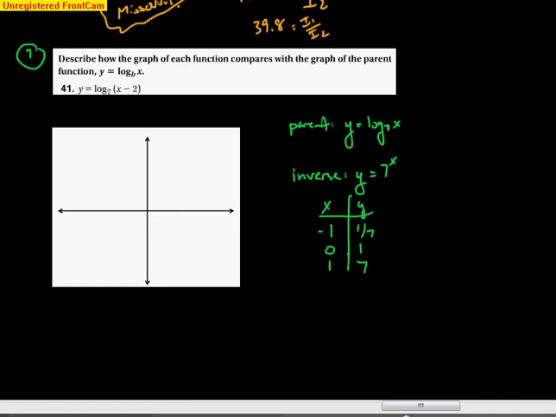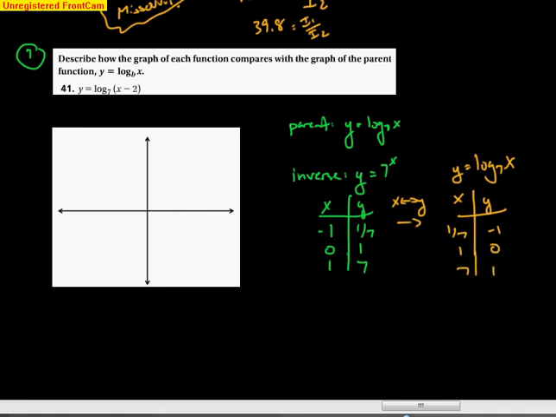And now, let's do the parent function. And now we look at the parent function of y equals log base 7 of x, and we say, okay, so to get from the inverse to its other function, we simply switch x and y. 1/7, -1; 1, 0; 7, 1.